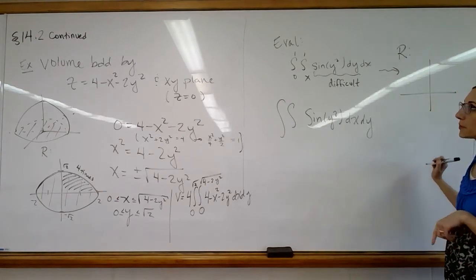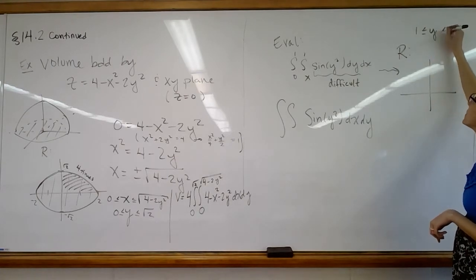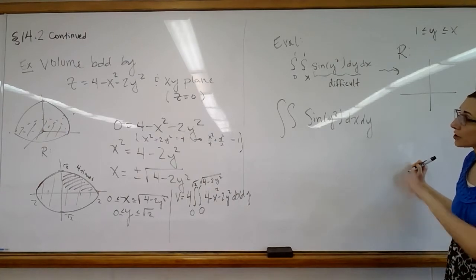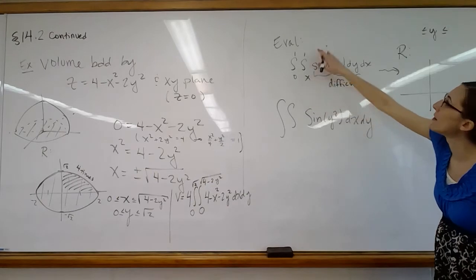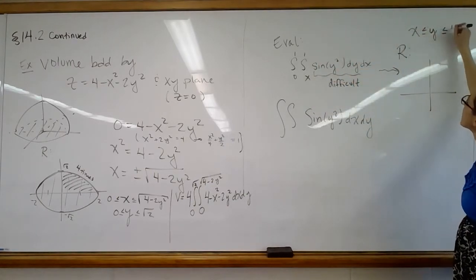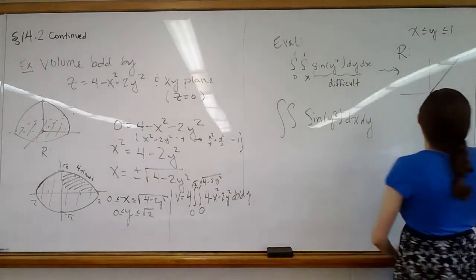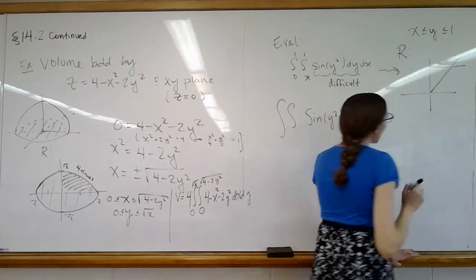Now we have to interpret it backwards, right? Y goes from 1 to x. From x to 1, excuse me, I wrote that backwards, right? Lower bound to upper bound. So, well, y equals x is this line, y equals x. Y equals 1 is this top horizontal line.